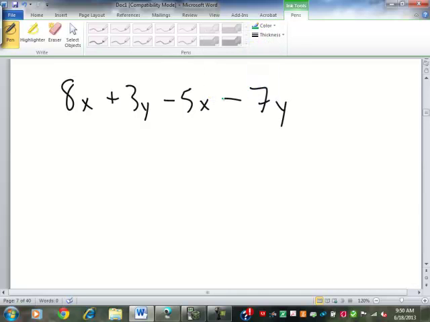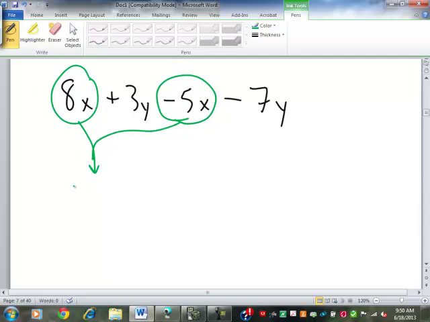We can combine the things that have the same name. 8x, and this isn't 5x here, this is negative 5x. 8 and negative 5 make, careful, positive 3, right? Positive 8, negative 5 stays on the positive side, because the positive vector is larger, so it stays on the positive side. So that'll be a positive 3x.